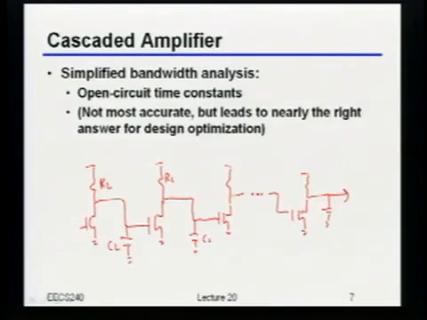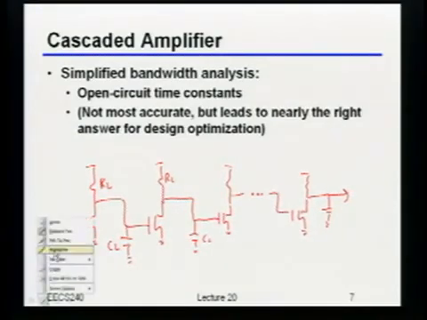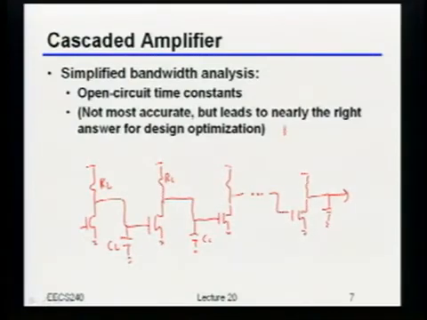If I take this, now I want to estimate the gain and the bandwidth of this thing. Gain is pretty easy. If I know the gain of each stage, and I have n stages, I'll just have A to the n of gain. Don't worry, we'll write all this out in a second. Bandwidth is a little more complicated, but to make my life easy, I'm just going to use open circuit time constants.